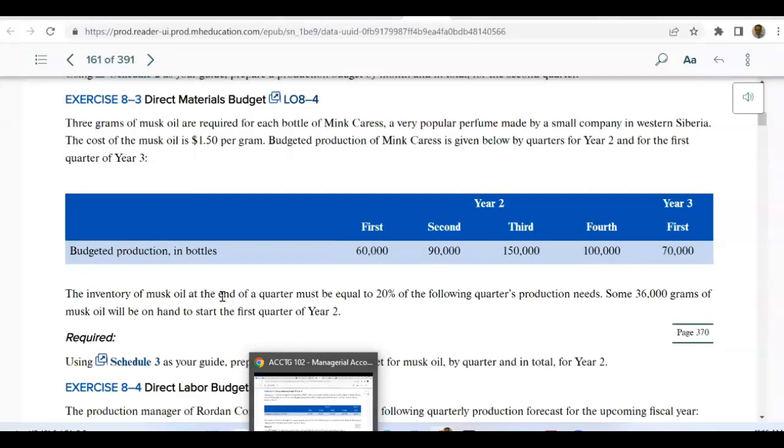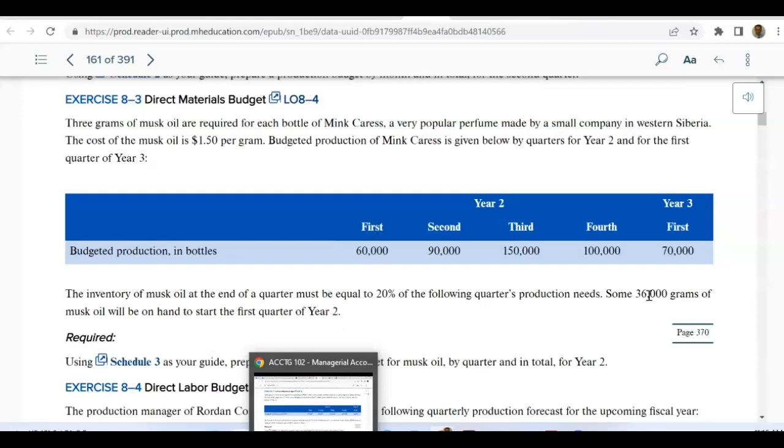The inventory of musk oil at the end of quarter must be equal to 20% of the following quarter's production needs. Some 36,000 grams of musk oil will be on hand to start the first quarter of year 2.